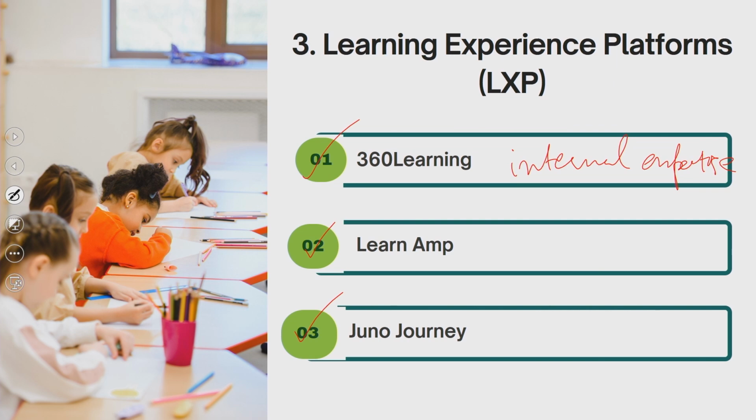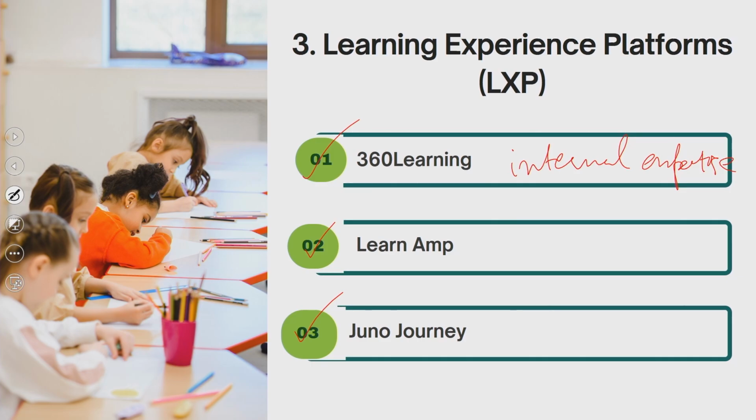There are content integration possibilities from multiple sources, including third-party providers and internal repositories, if you ask me. There are also possibilities of monitoring employee progress and assessing the impact of learning on performance metrics. And Juno Journey helps employees visualize the potential career trajectories and the skills required to advance.